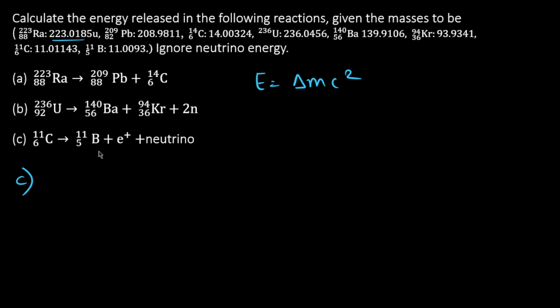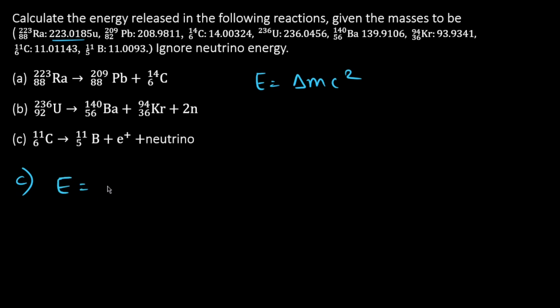Carbon gives you boron and a positron plus a neutrino. Neutrino has a negligible mass, so we won't consider it, and positron has a mass similar to an electron.